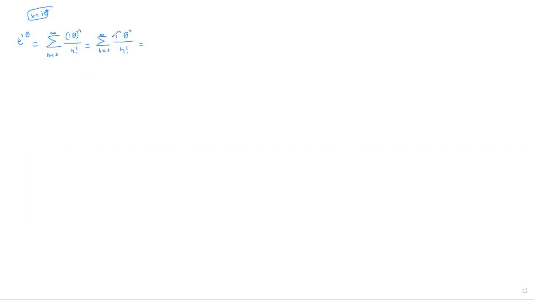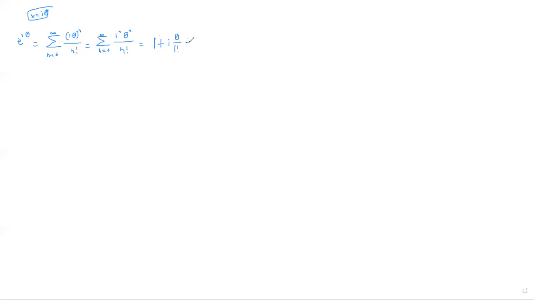When n equals 0, i to the power of 0 is 1, theta to the power of 0 is just 1, and 0 factorial is 1, so that's 1. Plus i to the power of 1 is i, theta to the power of 1 is theta over 1 factorial. Let's do a 1 factorial; you'll see why I'm writing it like this later.